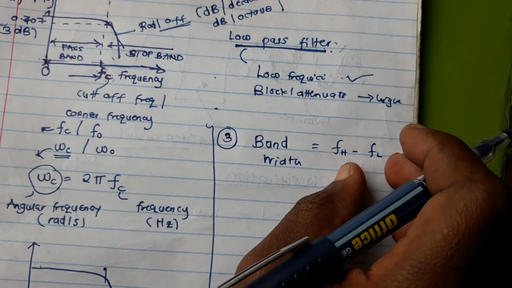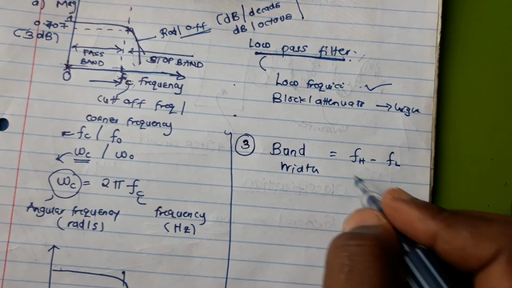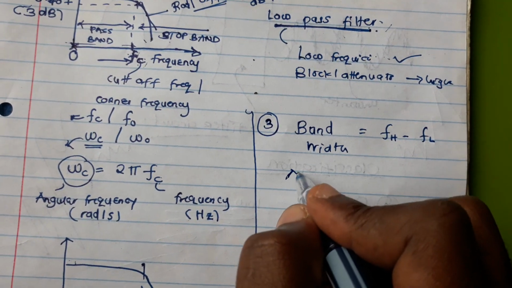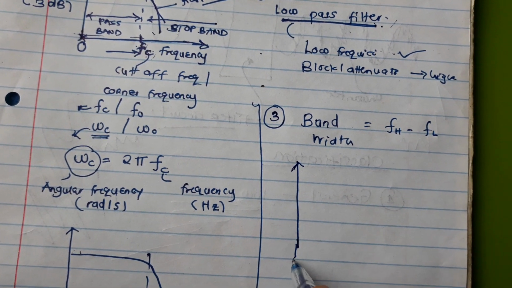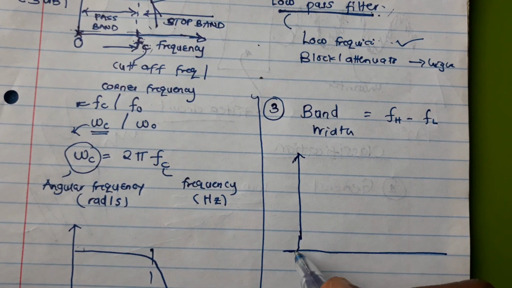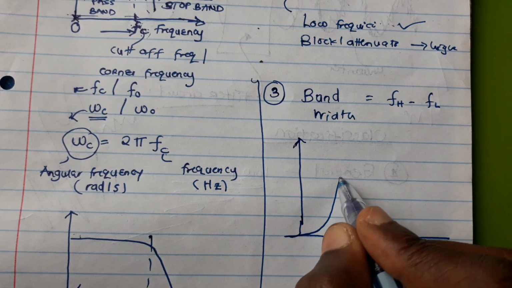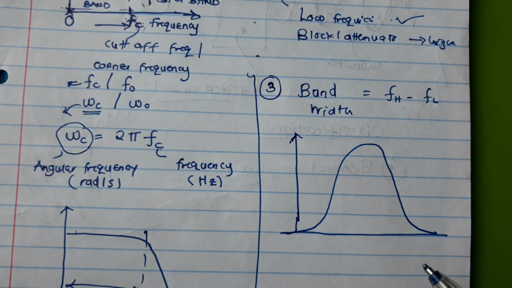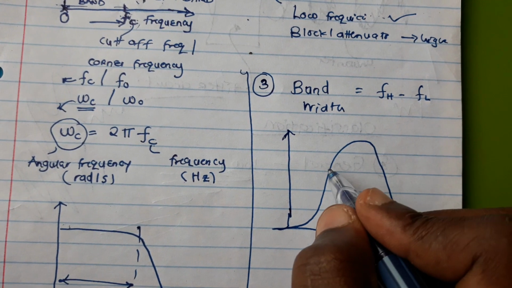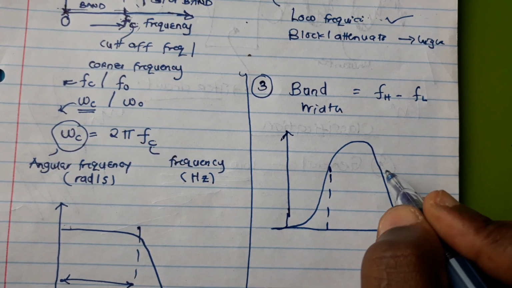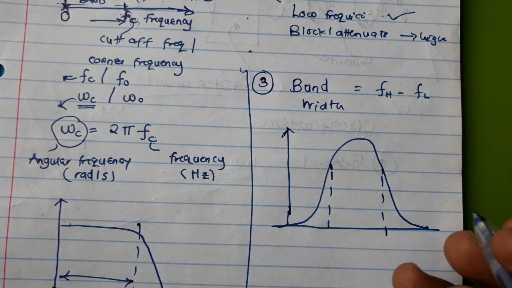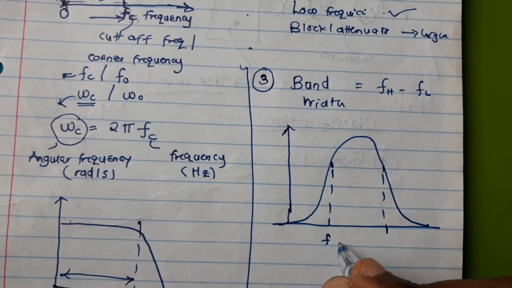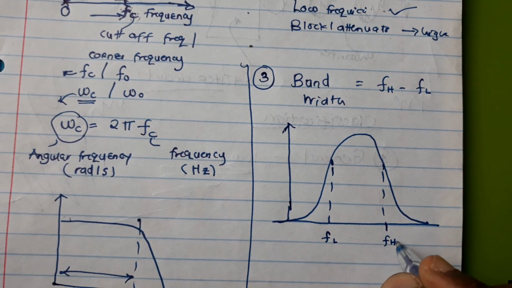So in a band pass filter, we have two frequencies that are vital for us, and its response is given as follows. A band pass filter implies that only frequencies within a certain range of frequencies are allowed to pass.